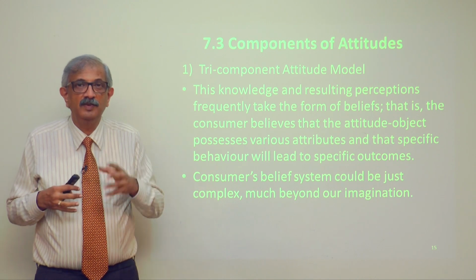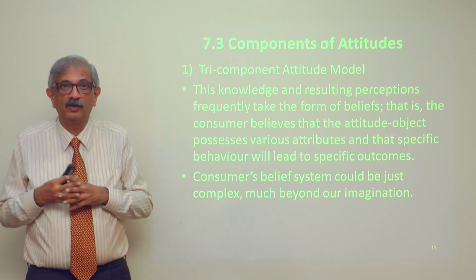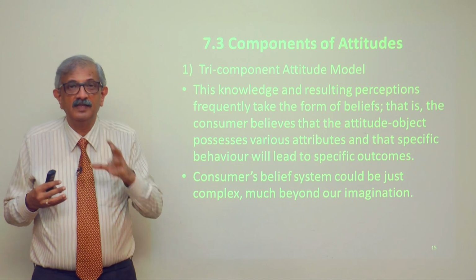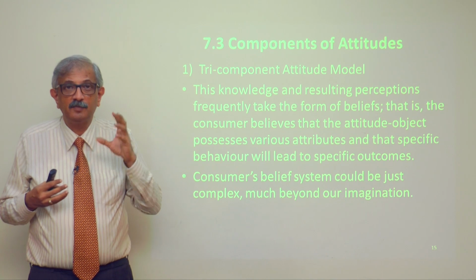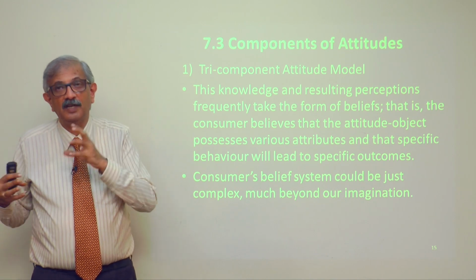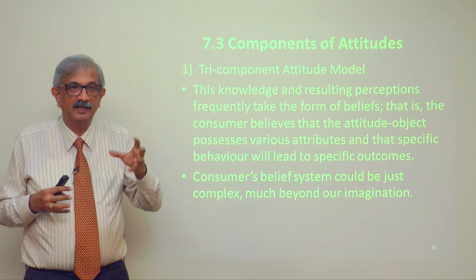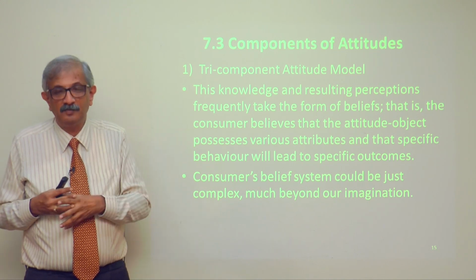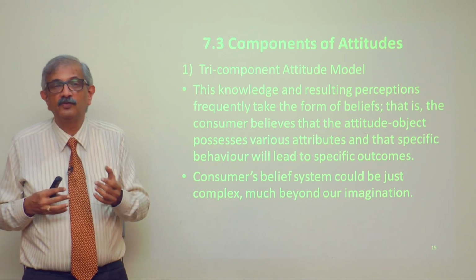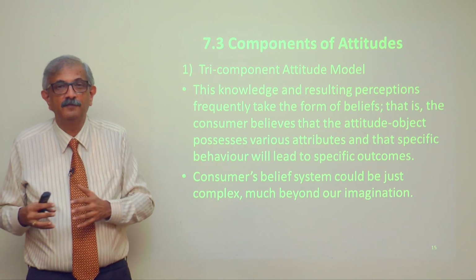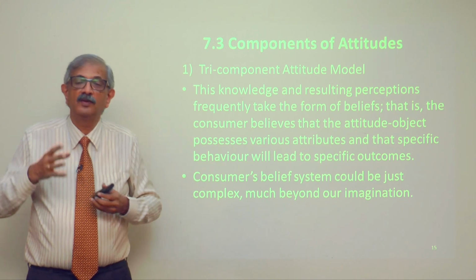That is, the consumer believes that the attitude object, that is the brand, the product, or the organization, possesses various attributes, and that specific behavior will lead to a specific outcome. Our cognition tells us that if certain attributes are present, the affective response and the behavioral response will materialize as expected. A consumer's belief system could be very complex, much beyond imagination.